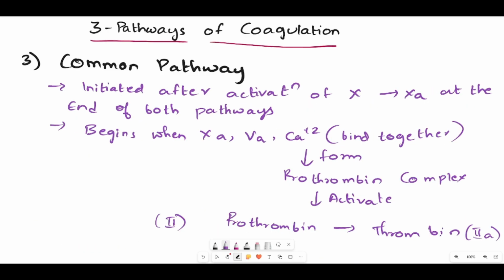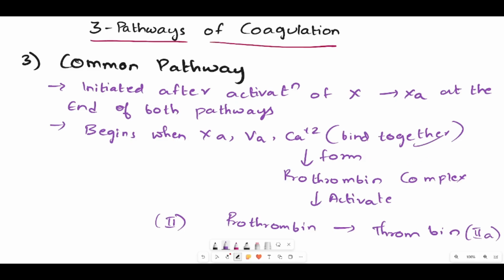So coming to the third pathway, which is the common pathway. This pathway is generally initiated after the activation of factor 10 to 10A at the end of both the pathways, intrinsic and extrinsic. And this pathway will begin when 10A, 5A and calcium, all three bind together to form a prothrombin complex.